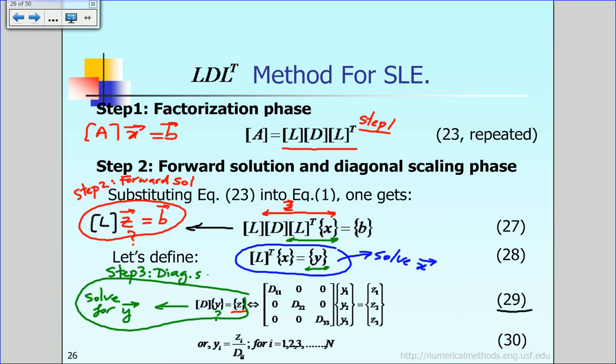And then the last step, step number 4, is where we solve for X. This step we call backward solution. Okay? So those are the sequence of steps that we need to do: step 1 first, then step 2, then step 3, and then step 4.